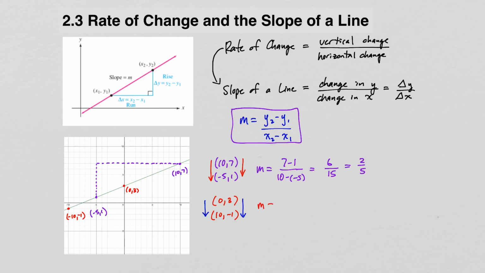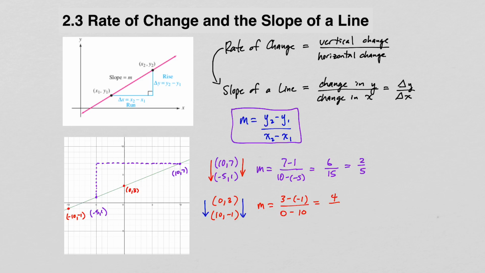But the slope of the line there is y value minus y value, so that's 3 take away -1, divided by x value minus x value. And if you do the math on this, you get 3 plus 1, which is 4. And, in the bottom here, I made a little mistake.